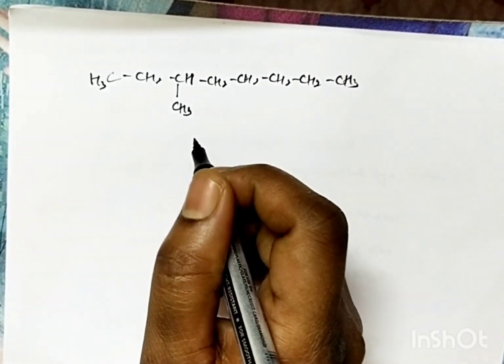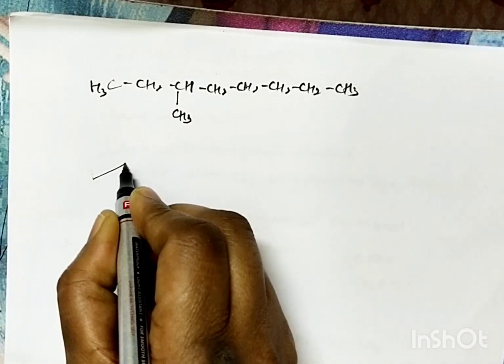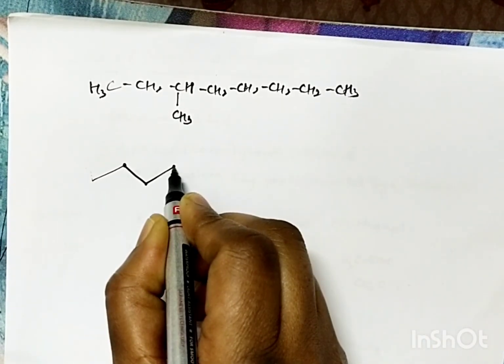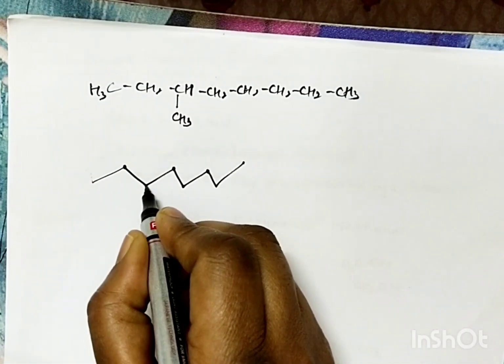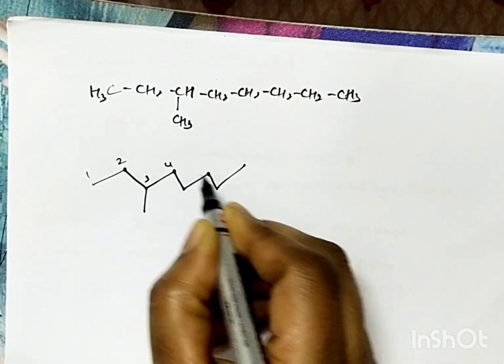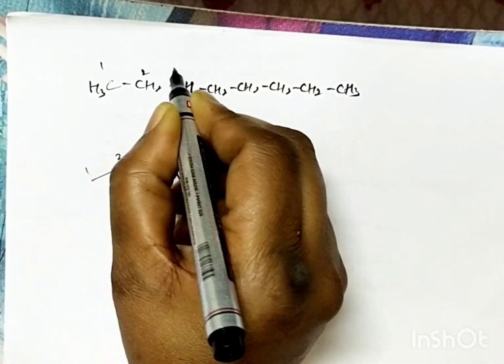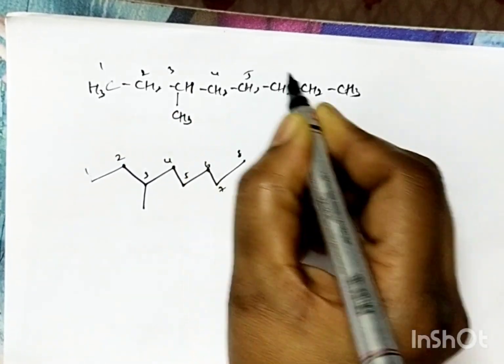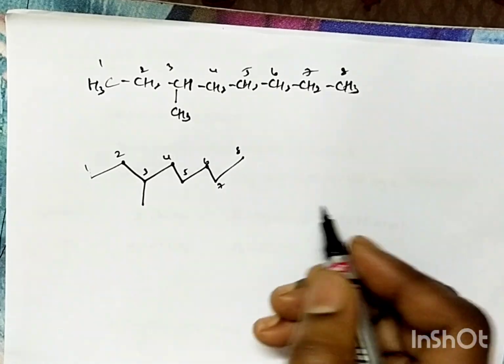So now this can be represented in bond line structure like this, in a zigzag way. If we count, this is 1, 2, 3, 4, 5, 6, 7 and 8. So these joints are nothing but carbons.